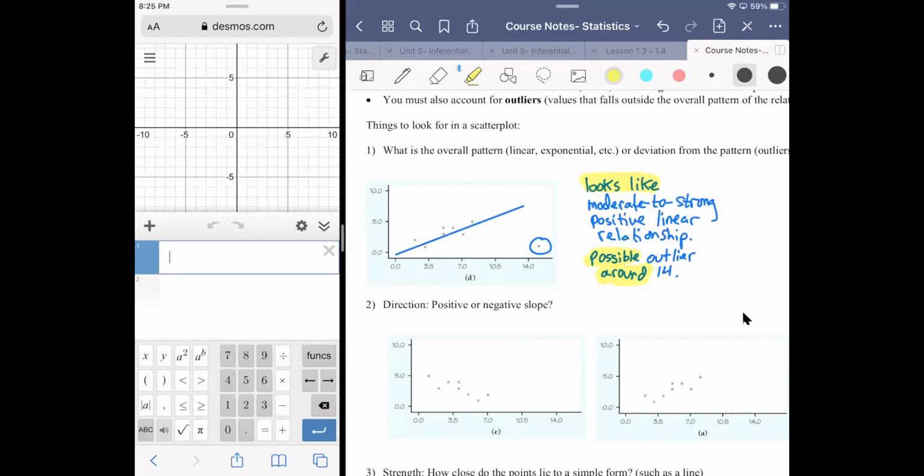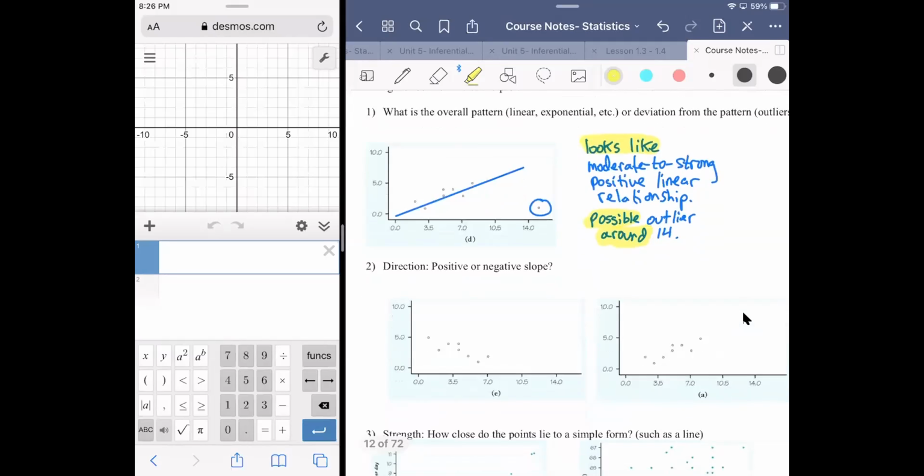So when we talk about making inferences and then drawing conclusions, keep it in general terms, because if you do, then you're not really getting pinned down on the veracity of it, all right? So when I say positive or negative slope, it's really just going up or down.